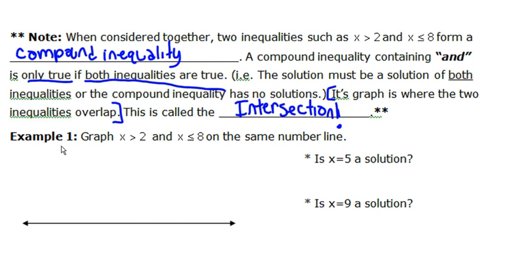So let's just look at example 1. It says graph x is greater than 2 and x is less than or equal to 8 on the same number line. Is x equals 5 a solution? Is x equals 9 a solution? So let's look at this.